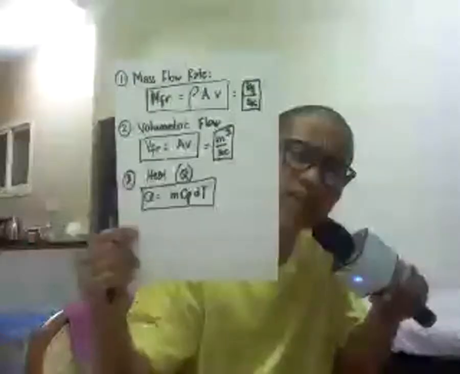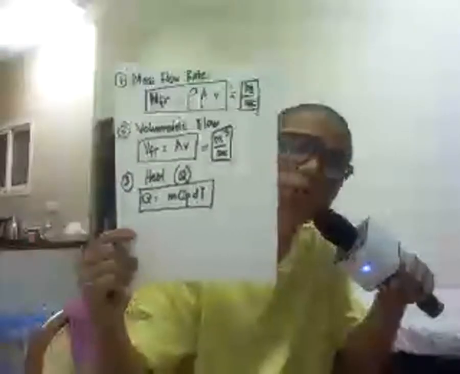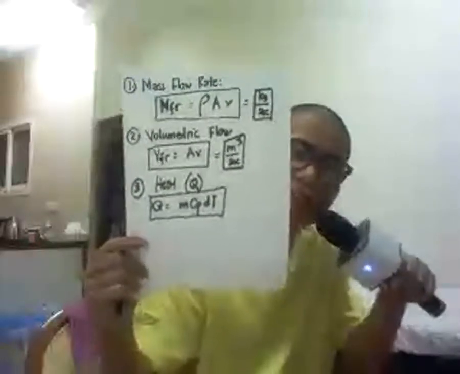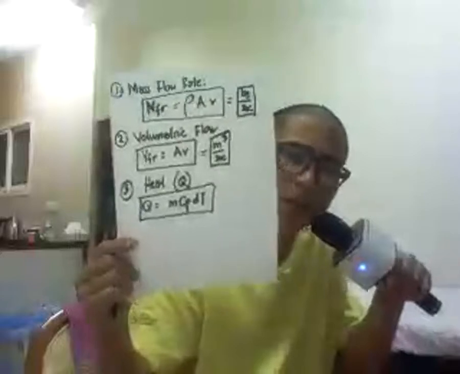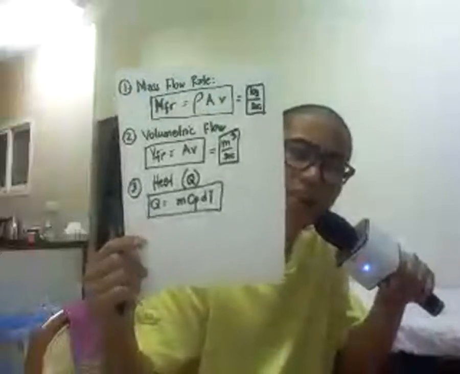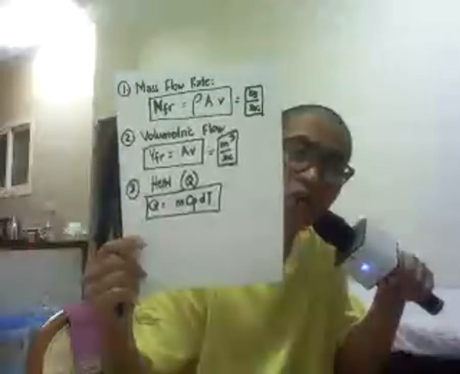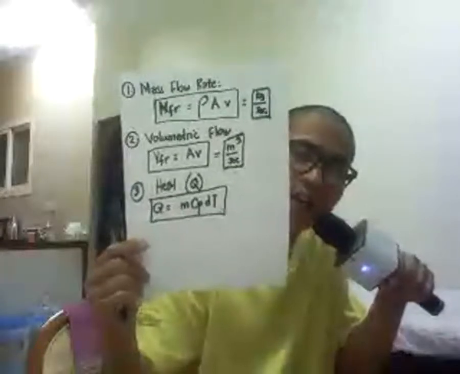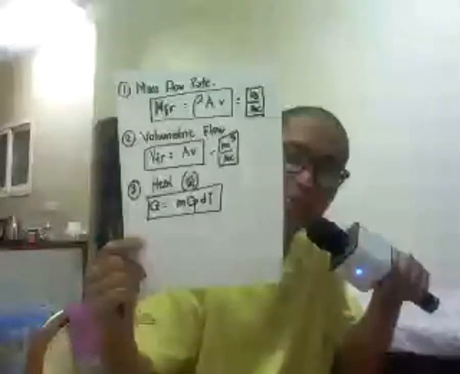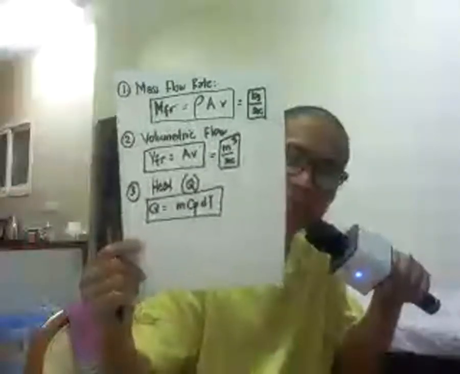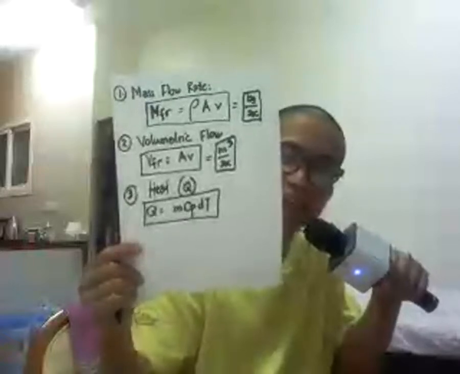So m is the mass of a substance or solid, and c is the specific heat, or simply the heat capacity. And then ΔT is the change in temperature, the final temperature minus the initial temperature, or the temperature difference, or temperature gradient, or temperature change, whichever term you want, as long as it is the difference between final and initial temperatures.